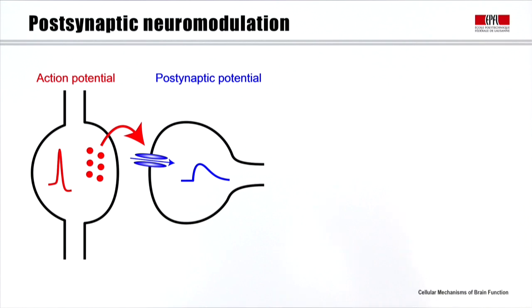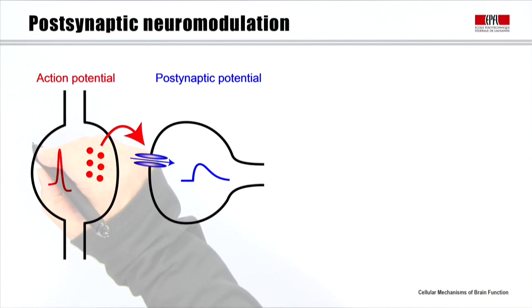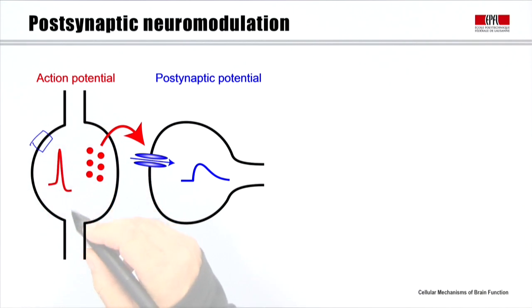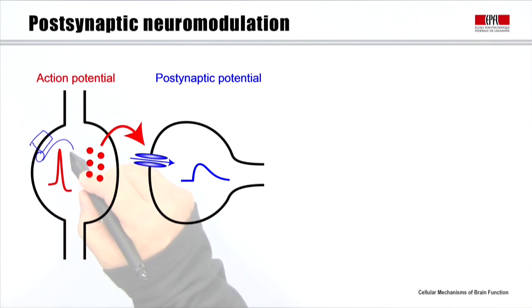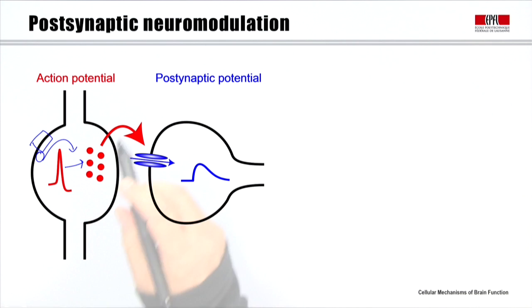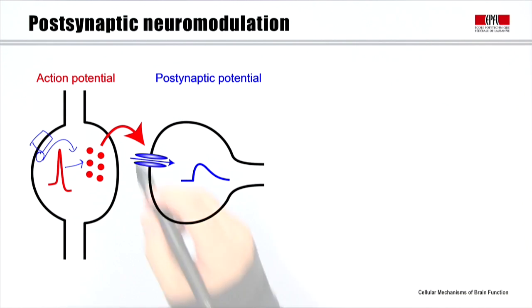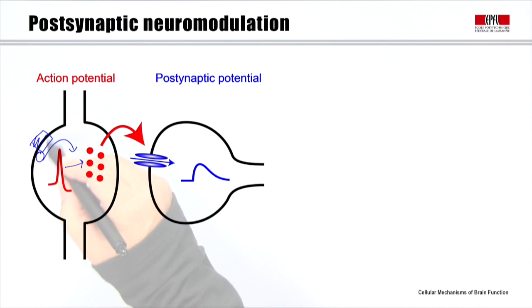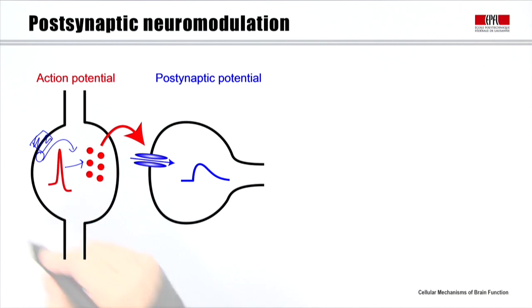So we've considered the situation where presynaptic metabotropic receptors on the bouton will affect the coupling of the action potential to the neurotransmitter release process. And a prominent feature here is presynaptic inhibition. Now, these metabotropic receptors are not just present on presynaptic membranes, but are also present postsynaptically.